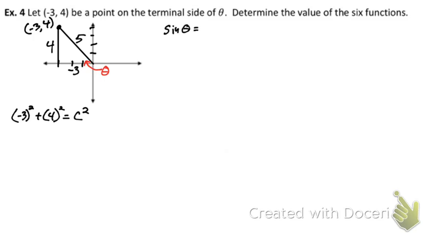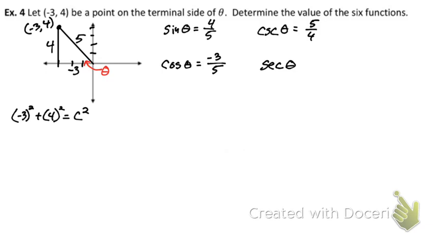Our sine of theta is going to be opposite over hypotenuse, which would be 4 over 5, which means the cosecant is the reciprocal of that, which will be 5 over 4. Cosine is going to be adjacent over hypotenuse, so that's negative 3 over a hypotenuse of 5.